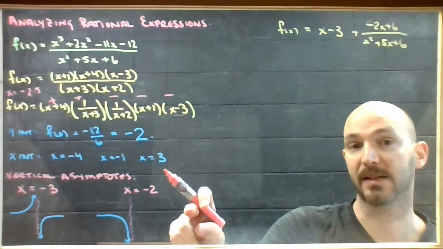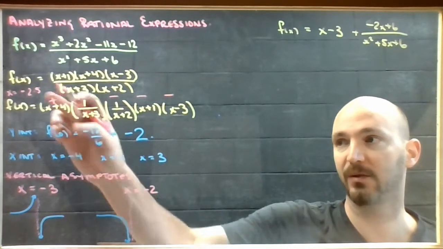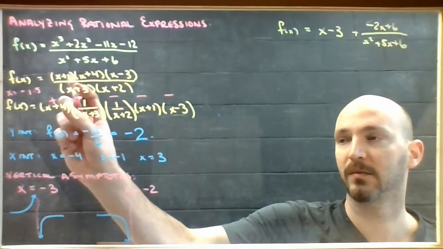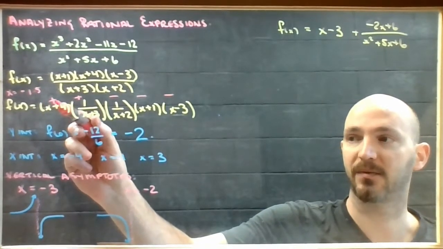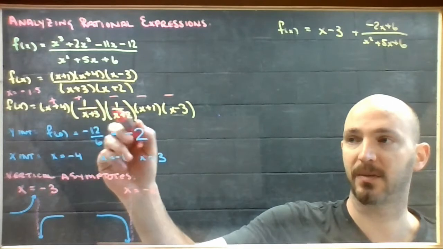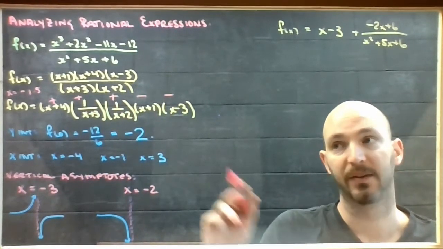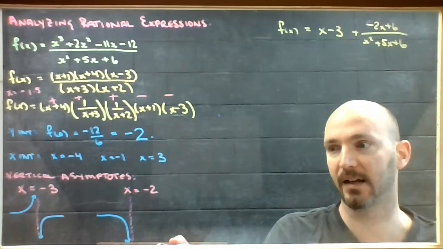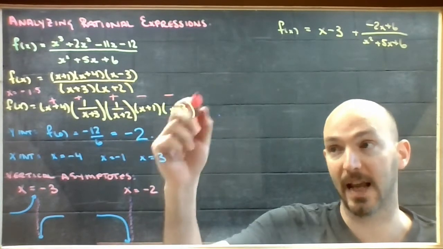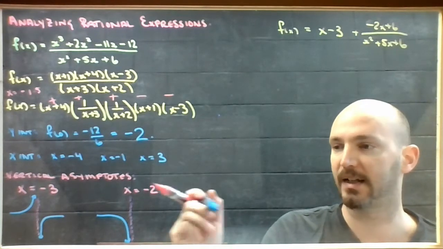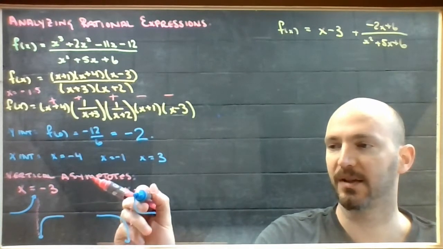If I test on this side, a half up from negative 2 would be negative 1.5. This will be enough to flip it. This will be enough to flip it. This will be enough to flip it, but these two won't be. So I don't have an unbalanced negative there, which is going to give me a net positive result after all these multiplications. So I need an asymptote that looks like this, one that's going positive.